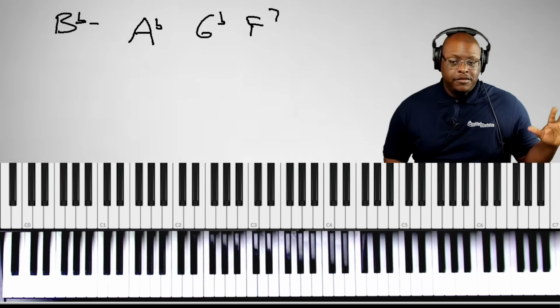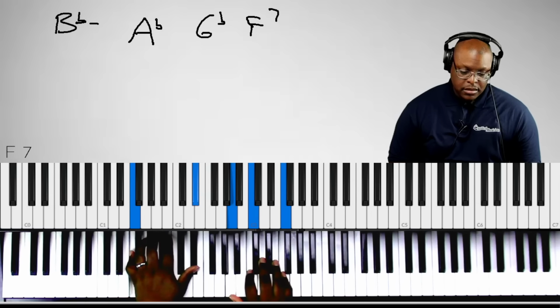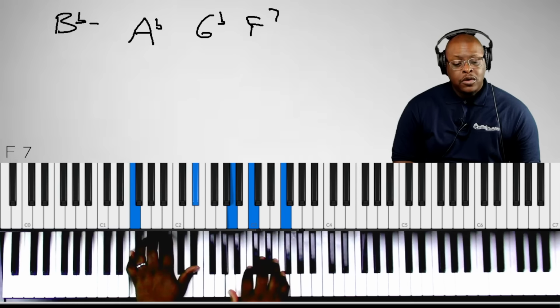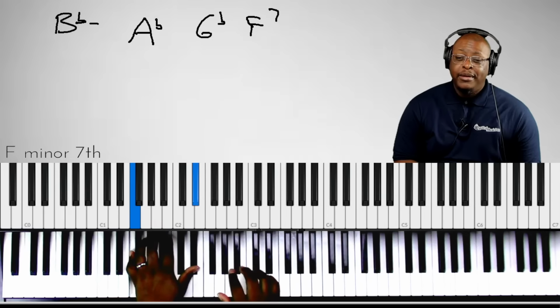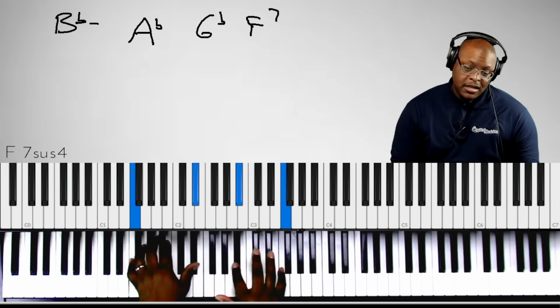That's the only place I'll do it for now. So instead of landing directly on the dominant chord, I will suspend, meaning take the third out and replace it with the 2 or the 4, or both, the 2 and the 4. And then resolve to the third.